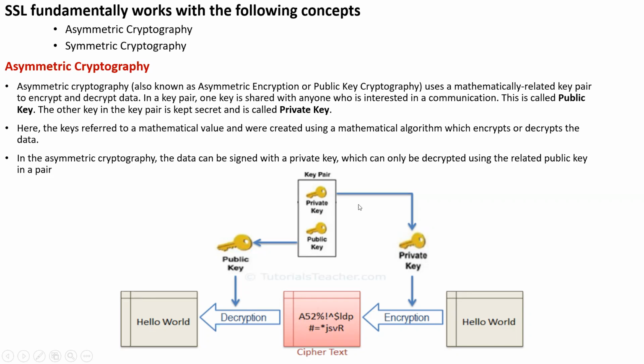This can be decrypted using the public key, and then it is decrypted and sent as the request to the web server. The web server again encrypts data using a private key, which can be decrypted using the public key of the key pair, and sends the response back to the client.